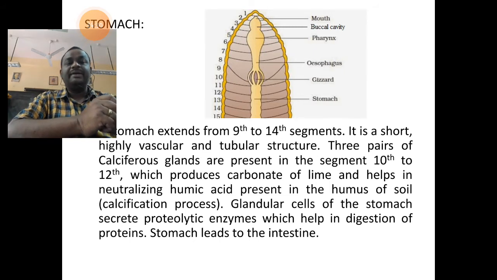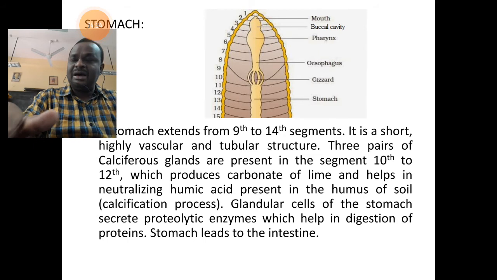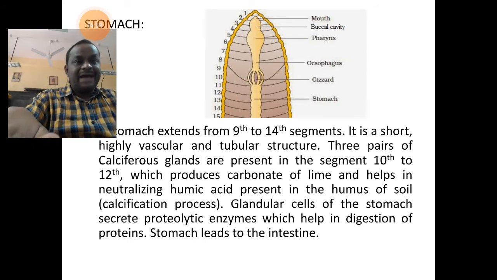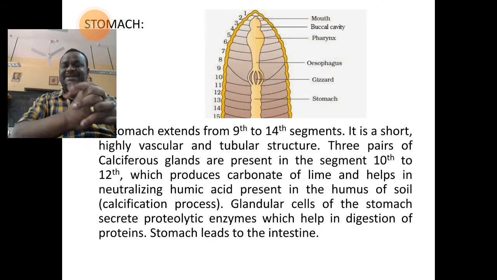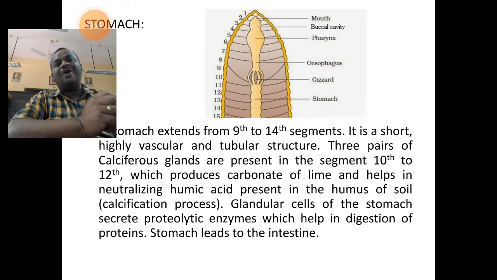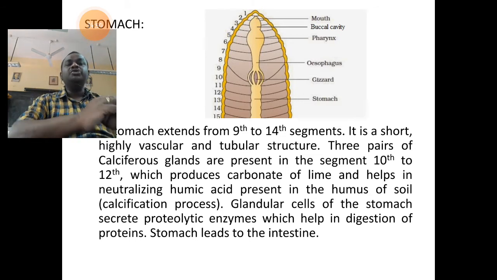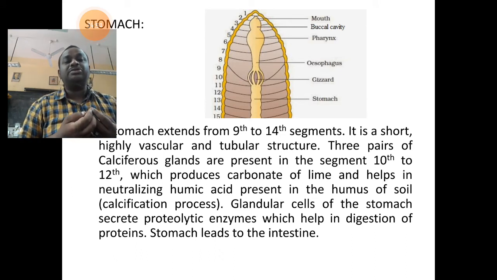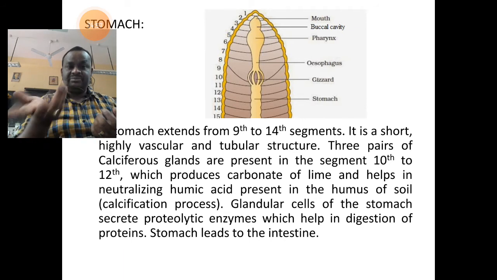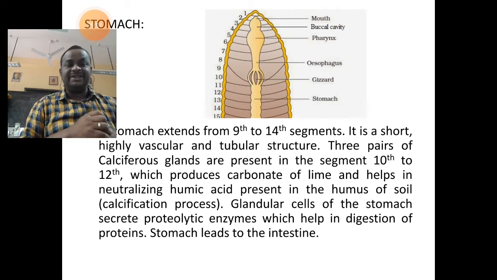So, the base is the calciferous glands' production, which we call the carbonate, and the acid is the humic acid. Both are mixed up to bring in a reaction of neutralization. So, this is called the calcification process. Students, remember, neutralization of the food is brought about by the secretions of the stomach called carbonate of lime by calciferous glands.